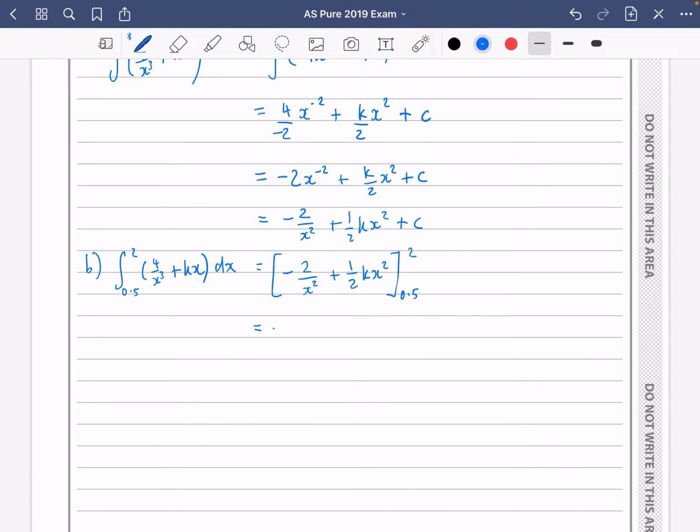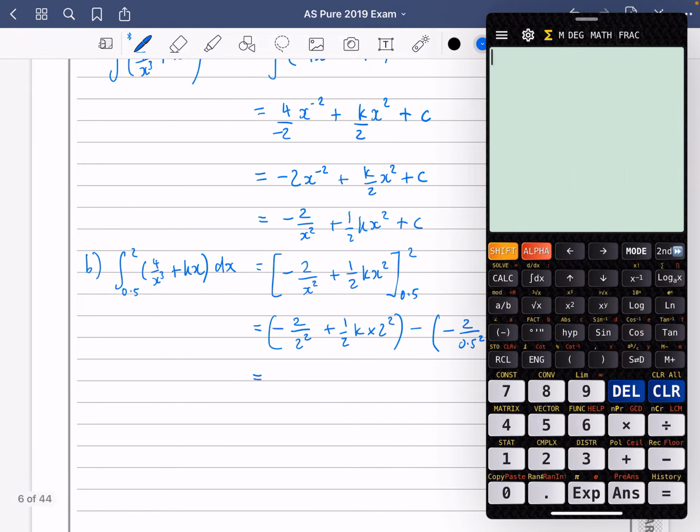So I'm going to substitute in the 2. So that's going to be minus 2 over 2 squared plus a half k times 2 squared. And from that, I'm going to subtract minus 2 over 0.5 squared plus a half times k times 0.5 squared. So I'm just going to do this nice and slowly, okay?